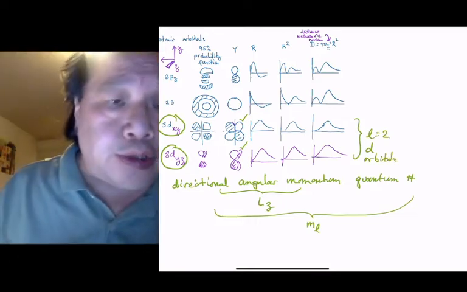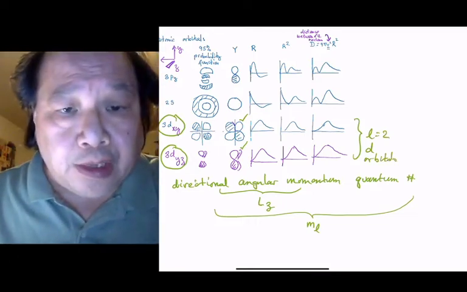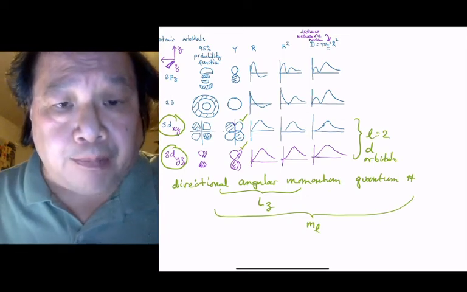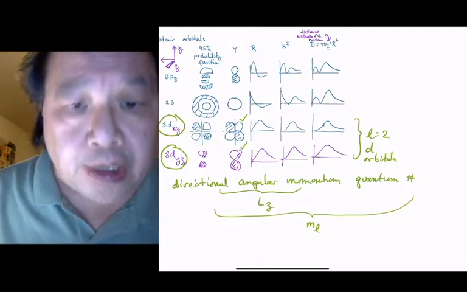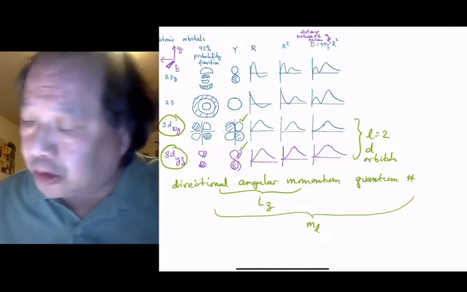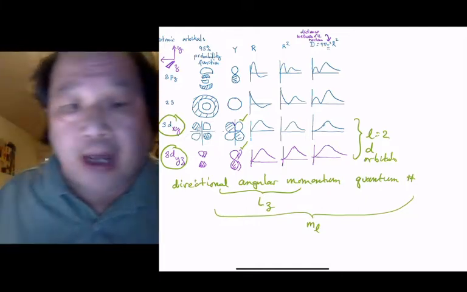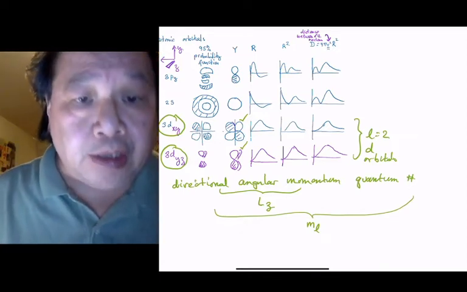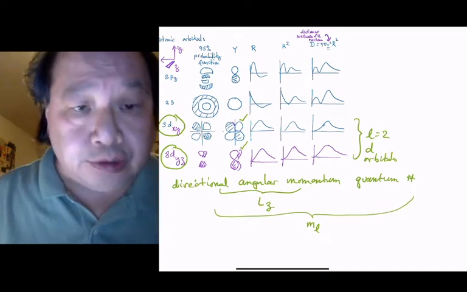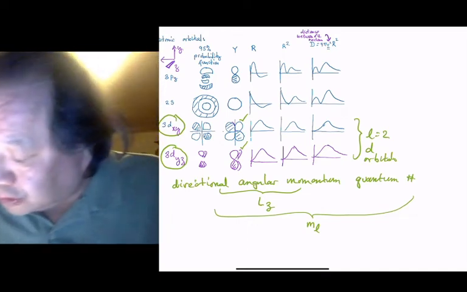But we're no longer interested in the number of lambda it takes to do a full spin. In the directional angular momentum, we're interested only in the question about how many times it takes to make a full crest to crest around the z-axis.